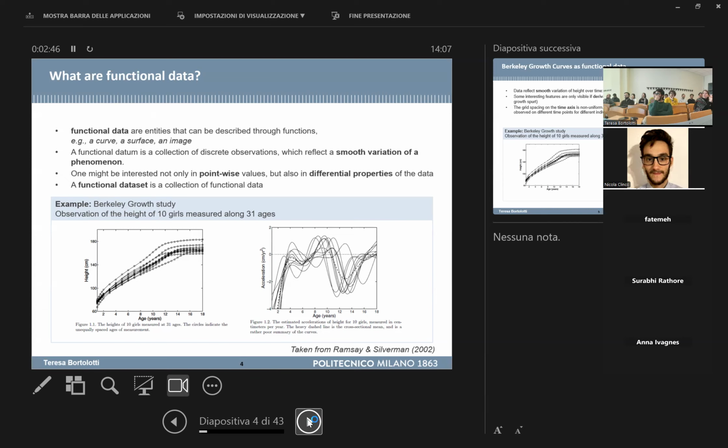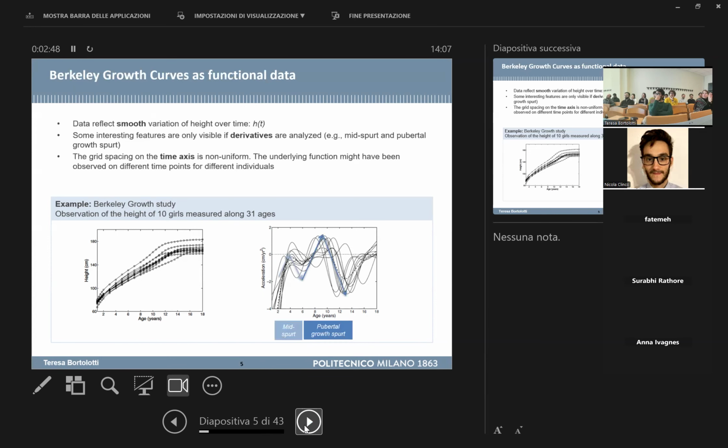What I'm showing down here is a notable example in the field of functional data analysis, the Berkeley growth study. It collects the growth curves of males and females. As you can see, each curve is identified by a set of longitudinal observations that reflect the smooth variation of height with respect to the age of the people that we are recording.